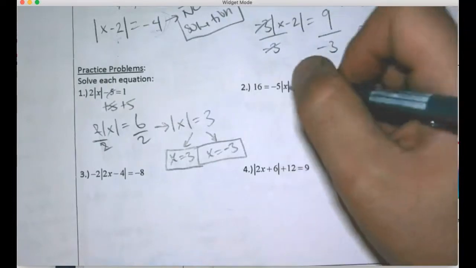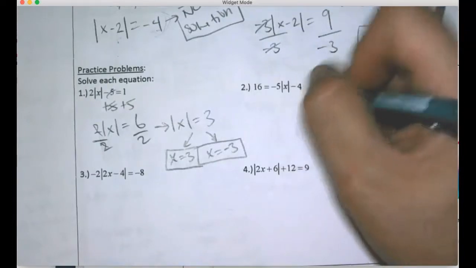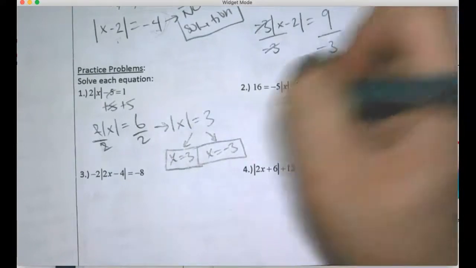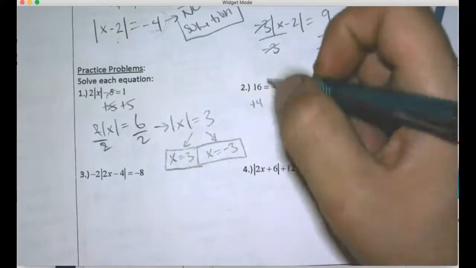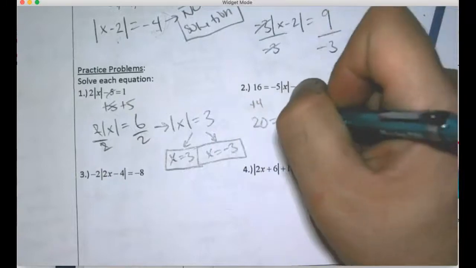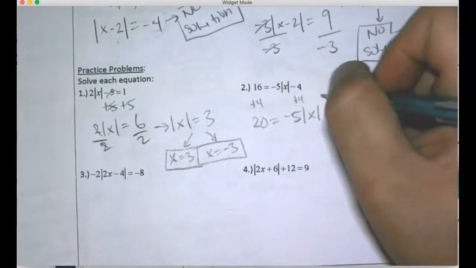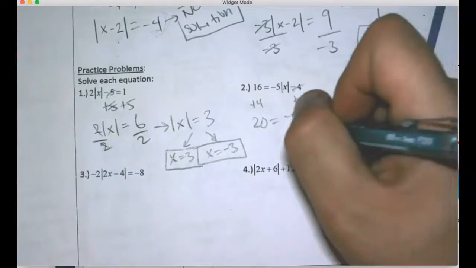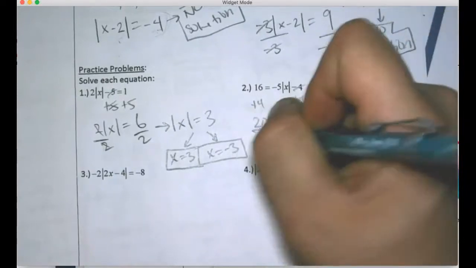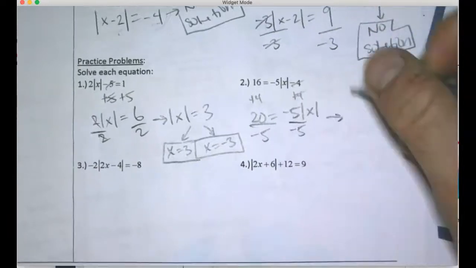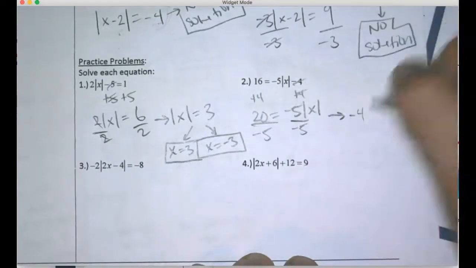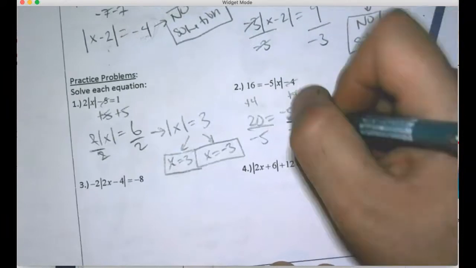Next problem. 16 equals negative 5 times the absolute value of x minus 4. Add 4 as your first step in isolating the absolute value. 16 plus 4 is 20. Negative 5 times the absolute value of x; the 4 is gone. Divide by negative 5 to finish isolating the absolute value. 20 divided by negative 5 is negative 4, and the negative 5 is gone.